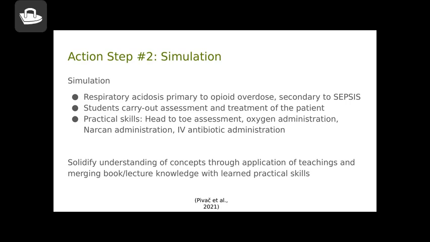Depending on how advanced these students are, if it was beginning fundamental, second semester ABG interpretation or education, second semester nursing school students, I think that's when I learned about ABGs the first time in nursing school, I would probably just do respiratory acidosis, primary to opioid overdose, tie those in.